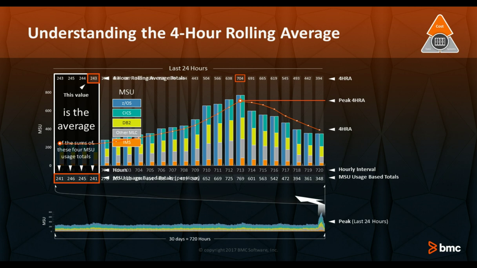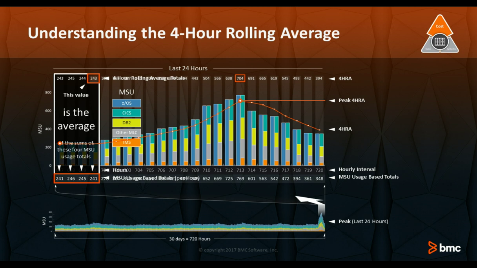Well, over the month, that is done for every day of that month, which is 720 hours or so. So you collect a rolling 4-hour average every hour in that particular month. So when it's time to generate the bill, every hour has a rolling 4-hour average.